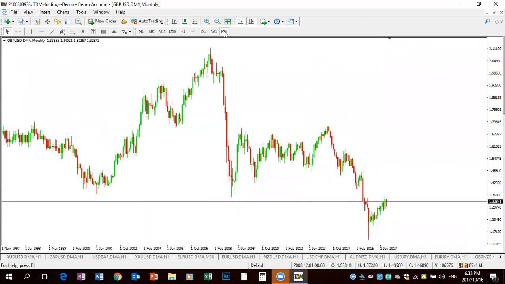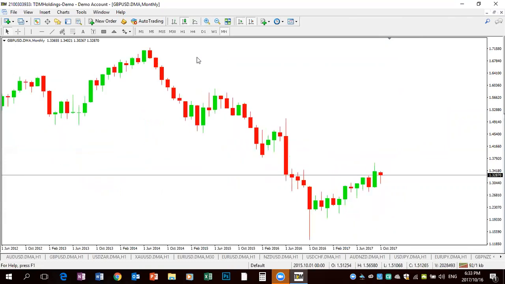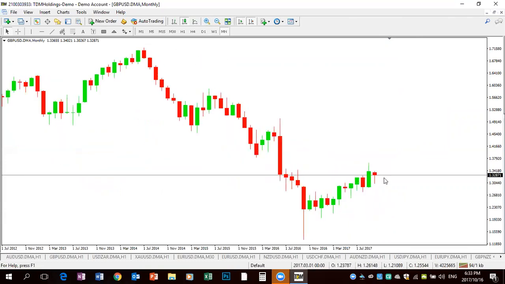I've just clicked on the monthly time frame. If you go to a monthly time frame, you can see this candle is for the current month, and the previous candle was for September.